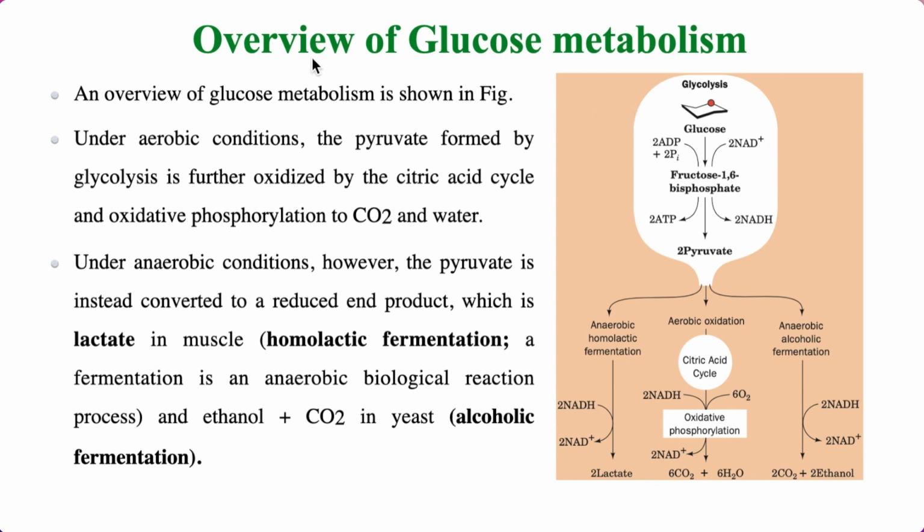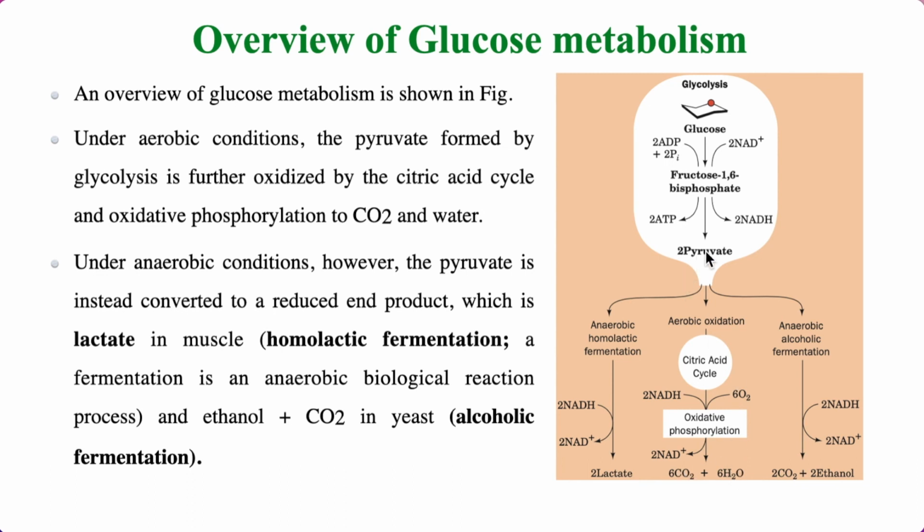And now we are going to see the overview of glucose metabolism. In the glycolysis pathway, glucose is converted to 2 pyruvate molecules. Again, these 2 pyruvate molecules are converted to different forms in anaerobic fermentation and aerobic oxidation. Under aerobic conditions, the pyruvate formed by glycolysis is further oxidized by the citric acid cycle. So this is the aerobic oxidation. This pyruvate is further oxidized via the citric acid cycle and oxidative phosphorylation to yield carbon dioxide and water.